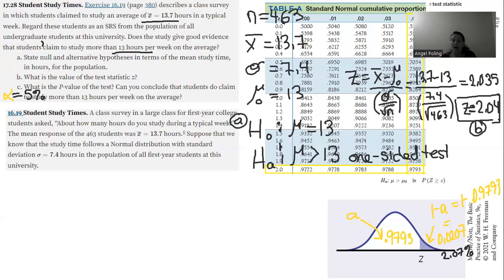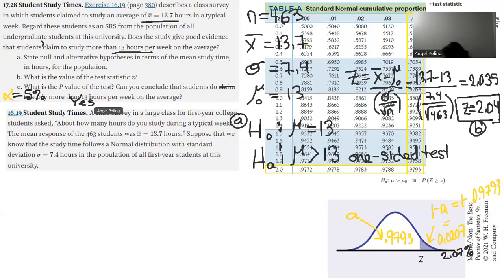What do you mean? We're not proving they claimed something. You can claim something. We're proving they studied. So can you conclude that the students do study more than 13 hours? See what I mean? There's some wording issues on this one. Do you study more than 13 hours per week on average? And we're saying yes.